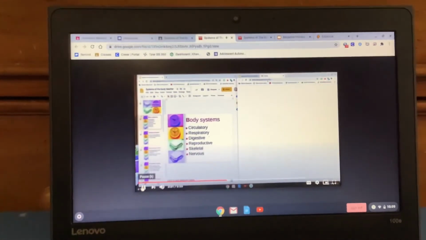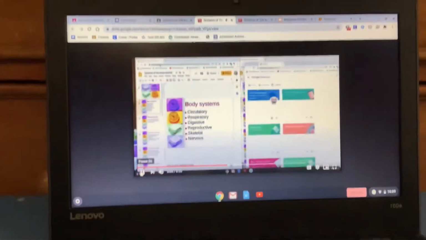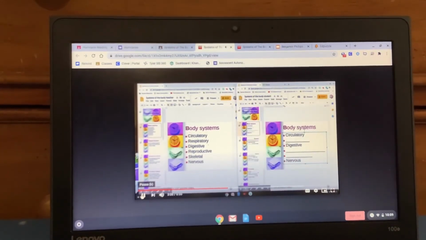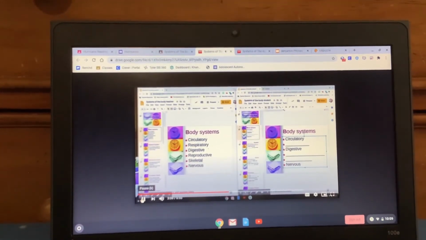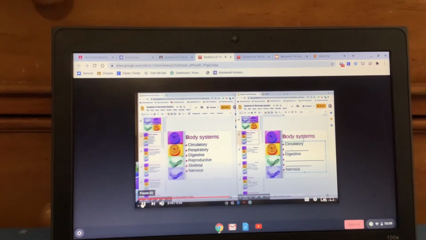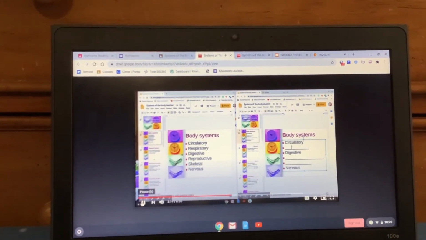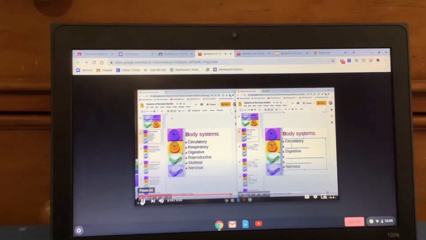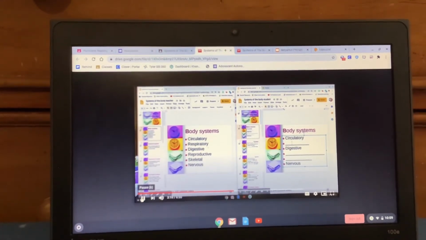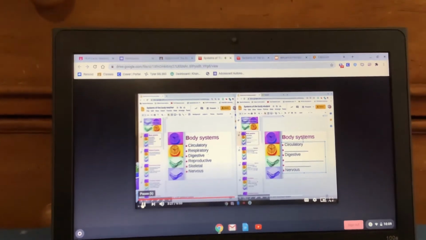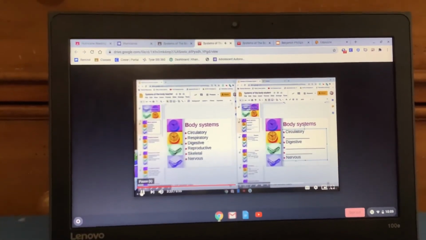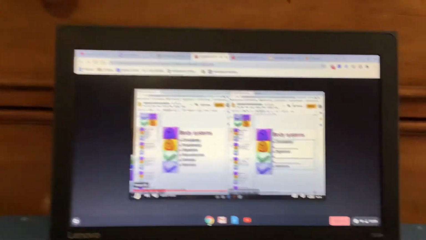Sometimes it may stay up here, so in that case, I would just move that over. I want this here. I'm going to go ahead and present this in a big picture, and you will have this to look at, and you can always refer back to the PowerPoint that I will have in there that you will not be able to edit, but you will be able to look at. This one here, you will be able to edit.